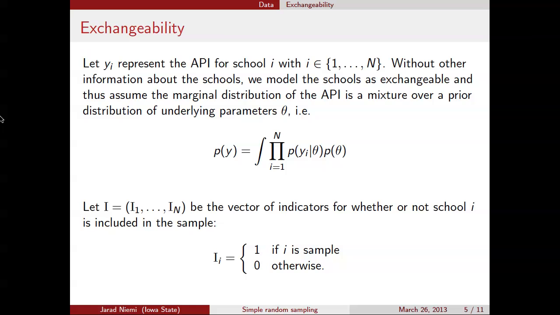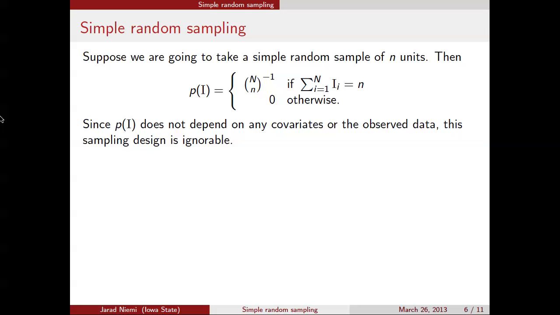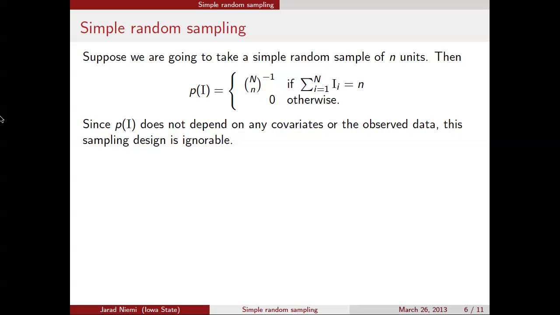Okay. All right, so now we have to decide how we're going to sample. I said the first thing we're going to do is just pretend we have a simple random sample from the whole population of schools, and we're going to take small n of those schools. Okay. So it turns out we can write down this probability of inclusion in this notation. But the key thing is that this probability of inclusion doesn't depend on any covariates or the observed data.